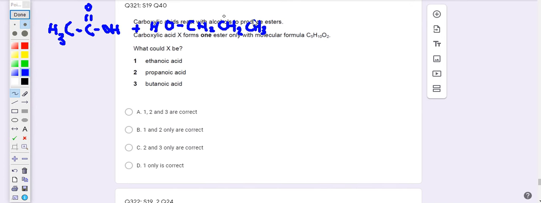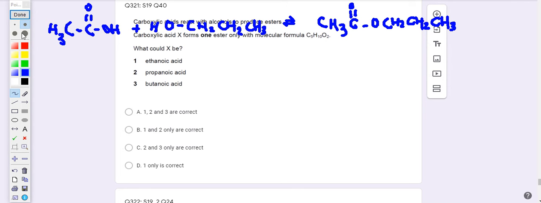So you see, react these two together, we get an ester with 5 carbon, CH3, CO, O, CH2, CH2, CH3.